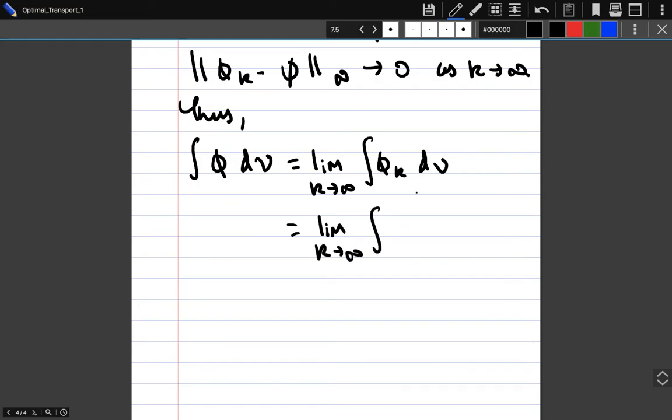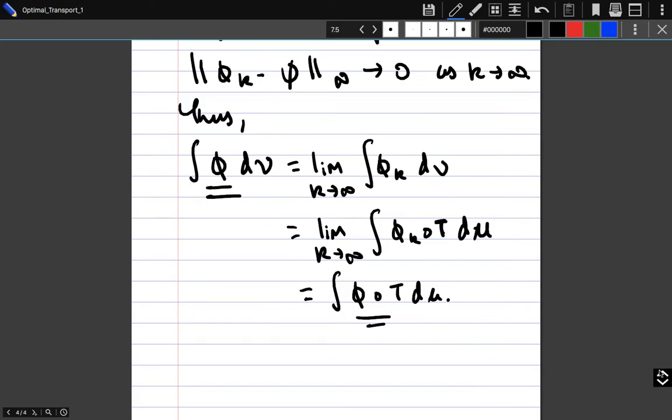So in particular, I can change this measure to mu by just simply composing with the map T. So this satisfies this equality, and then we can push this limit inside the integral because we have bounded maps, by just the dominated convergence theorem. And so then in particular you get phi composed with T integrated with respect to mu. And so now you see that this is the same as this, which is exactly what we wanted to show.